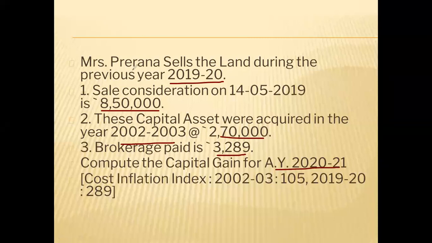Simple question. Prerna is selling the land, so this will come under land and building category. And for long-term capital gain, it should be more than 24 months. Period of holding should be more than 24 months. These capital assets were purchased in which year? 2002-3 for 2,70,000 and sold in 1920 for 8,50,000.